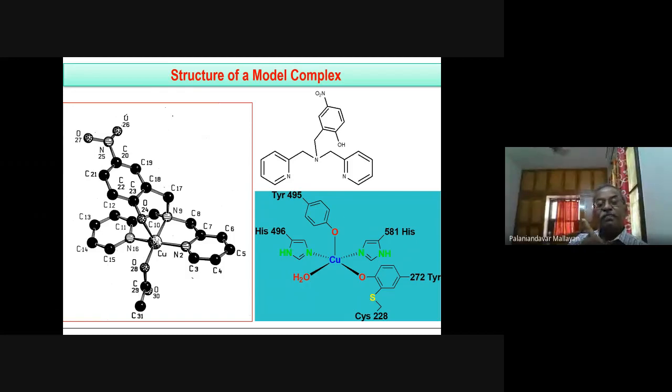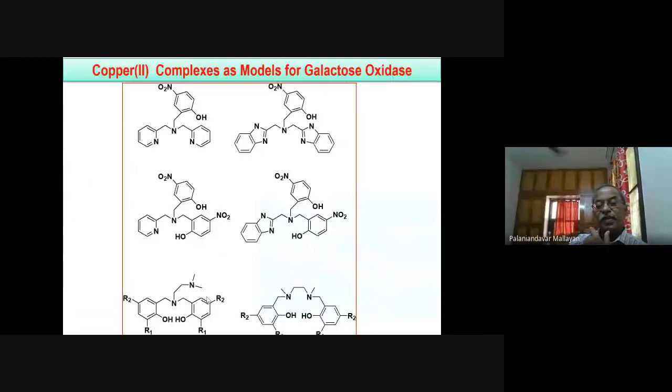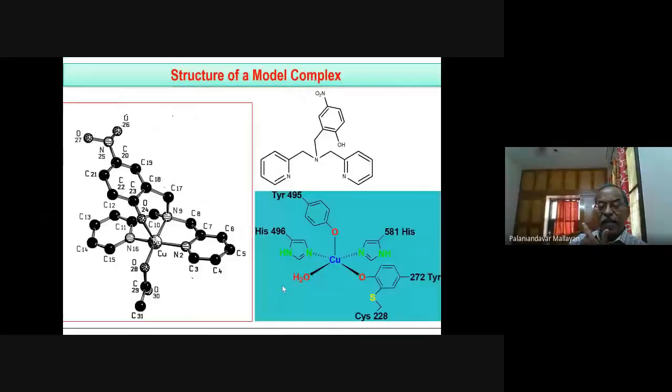So this particular enzyme activity should depend on the anions present here. In fact, the proteins are isolated as anionic complexes. So depending on the bound anion, the activity will be different and this bond distance will be different.